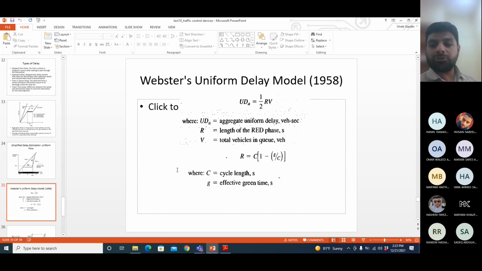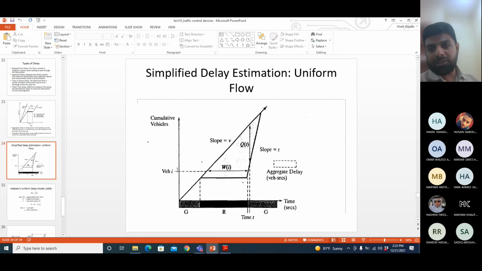These are the terms which we use to indicate the uniform flow condition. And how do I know this is uniform flow? Because you see we started when there was no queue. This is one indication. Another indication is that during green time there was a point where there was no queue, and before the green interval ends, the queue is totally cleared.